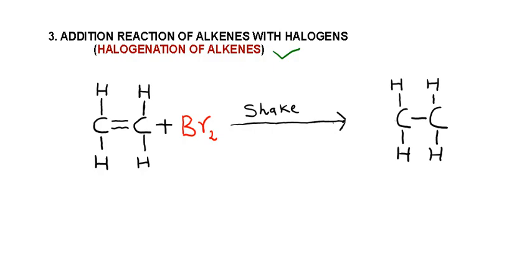Why is it called ethene? It is called ethene because it has two carbons attached to it, and because of the double bond, it is an alkene. Now, this ethene is reacting with bromine.